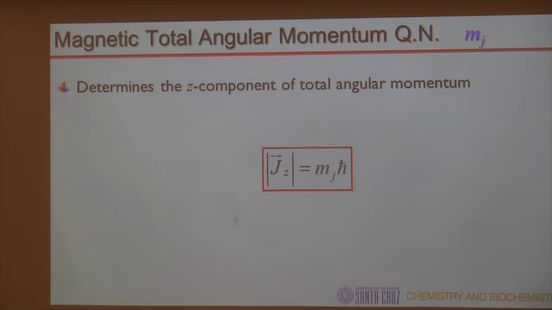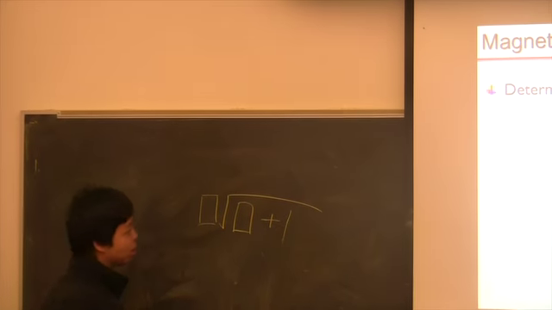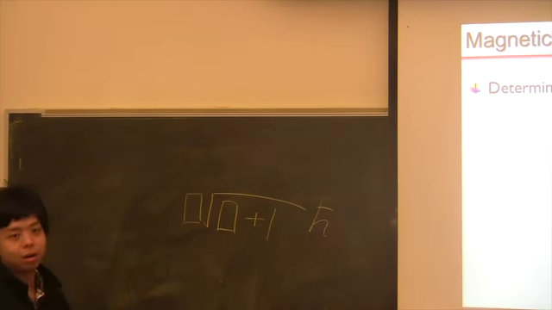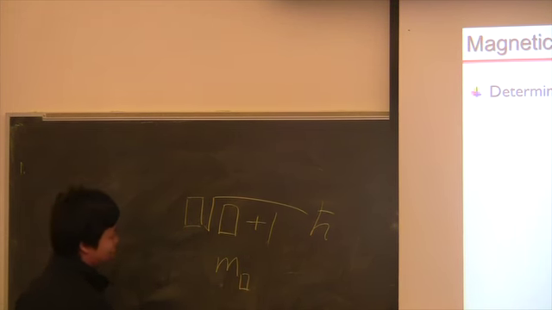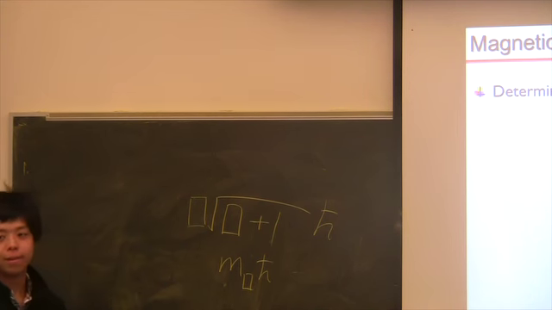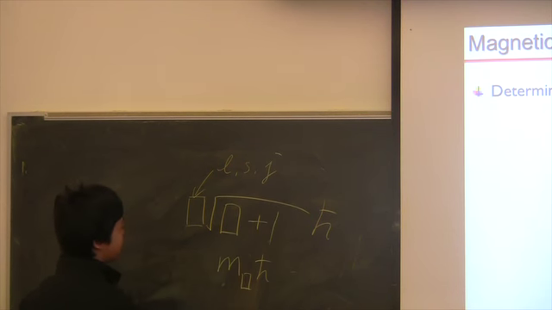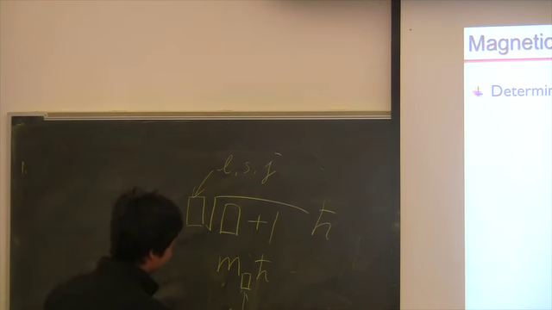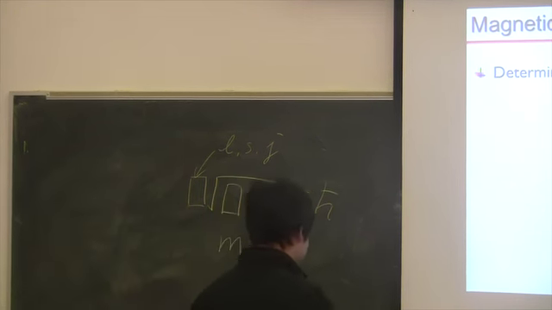For the angular momentum part, whether it's orbital, spin, or total, it's just the quantum number times the square root of the quantum number plus 1, times h bar. And for the z component, it's always m something times h bar. So you can fill in L, S, or J here, and again L, S, J here. Okay? Any questions?